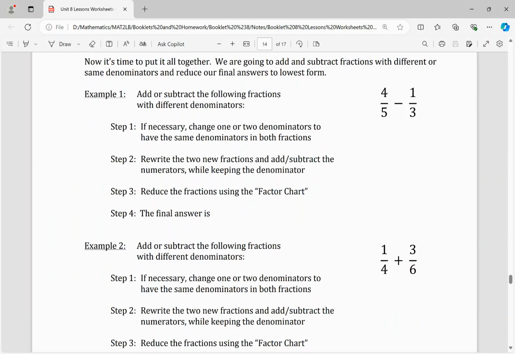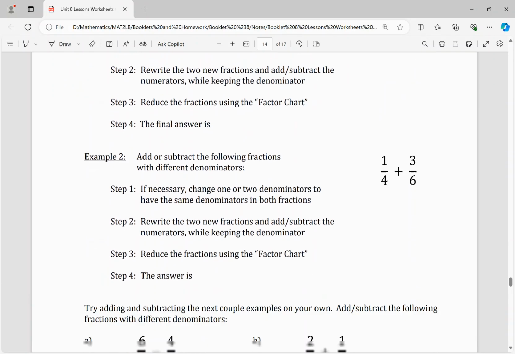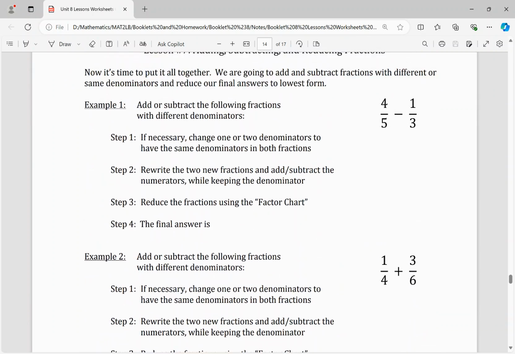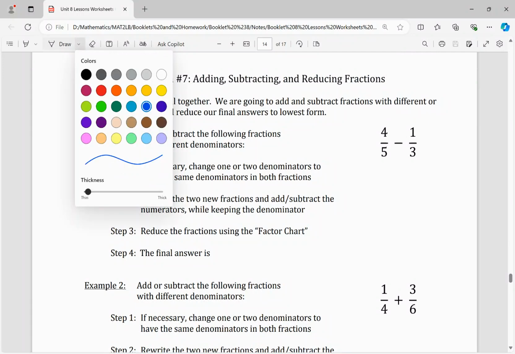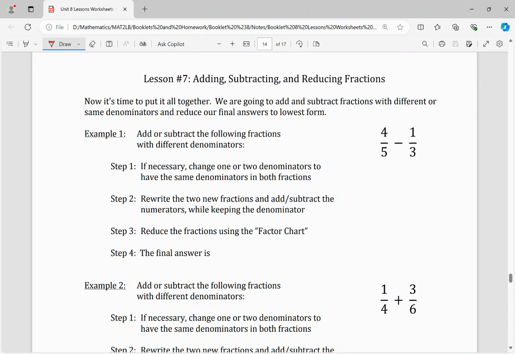We have 4 over 5 minus 1 over 3. Now, before we subtract these two fractions, we need to find a common denominator. And we're going to first try and take the shortcut where we see if 3 skip counts into 5. So we count up by 3s, 3, 6, 9, right?